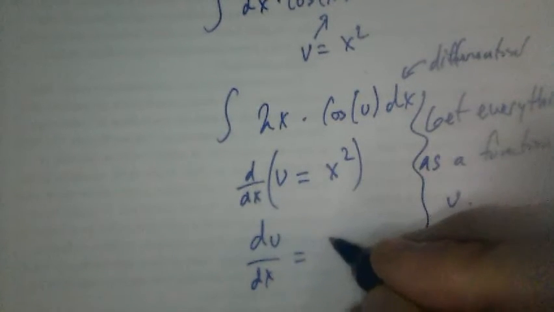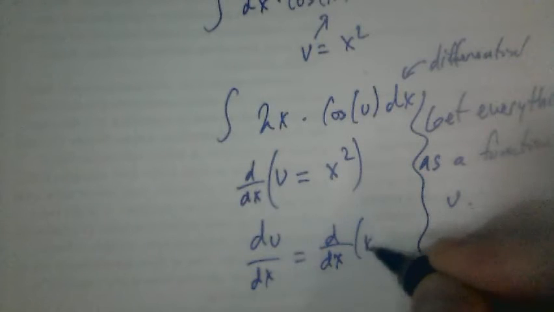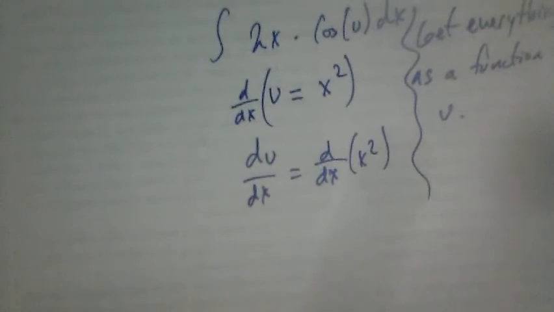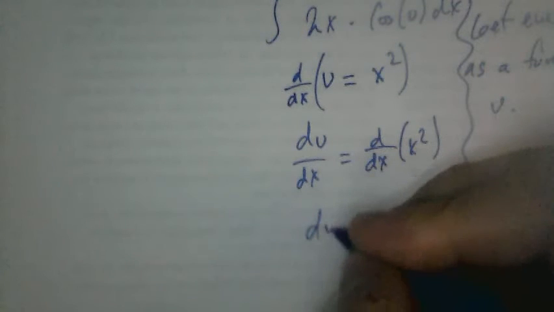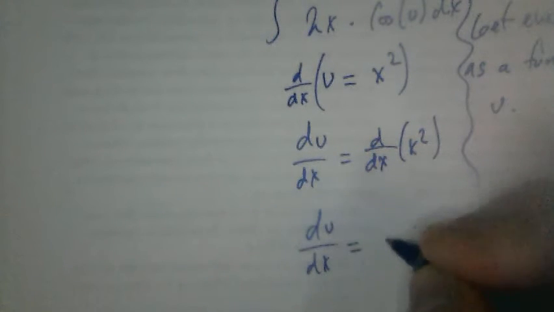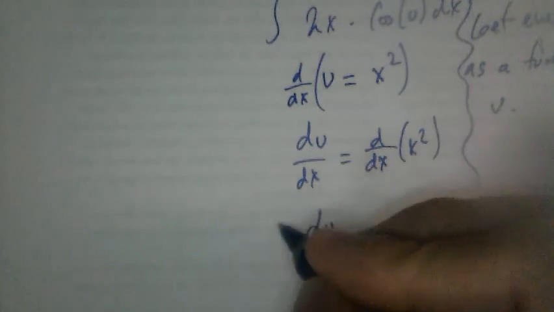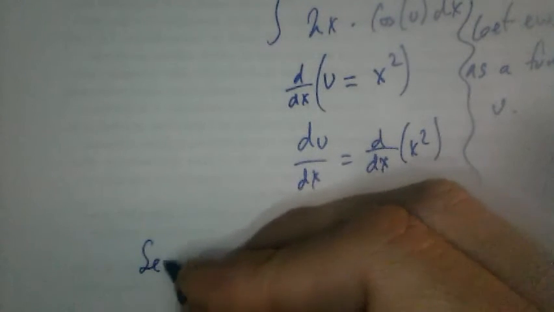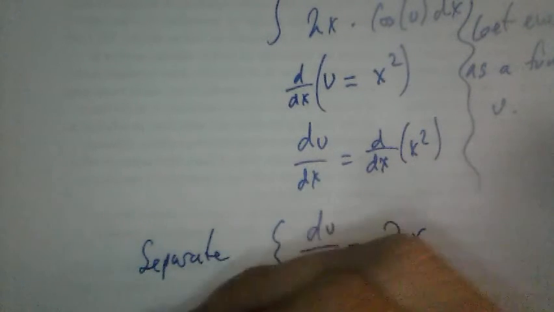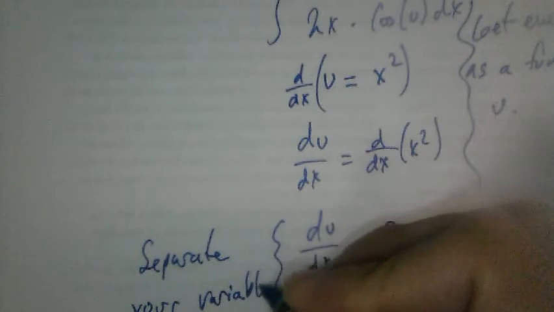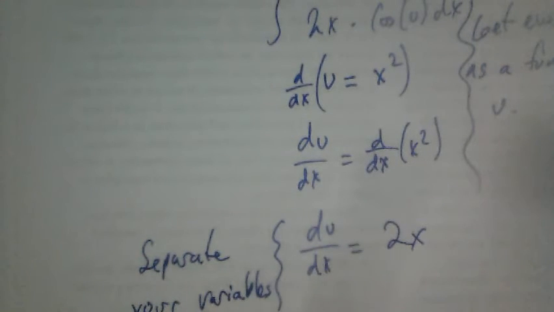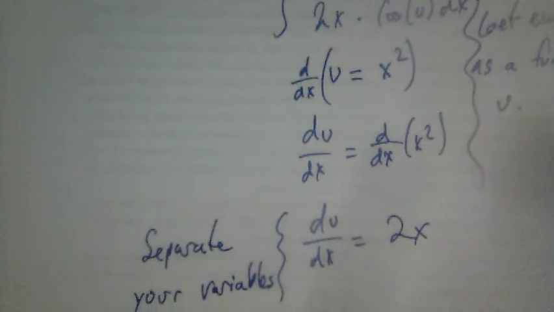And now what you want to do is separate your variables, just like the previous section, appropriately. So you want to get all the du's and all the x's on one side here. So I'm going to multiply by dx on both sides. And then the dx's cancel here. So you end up with du equals 2x times dx here.